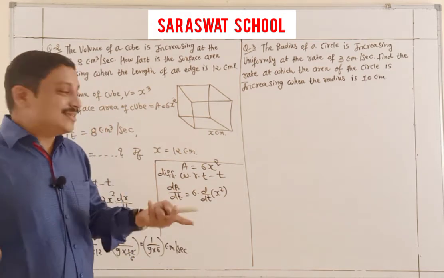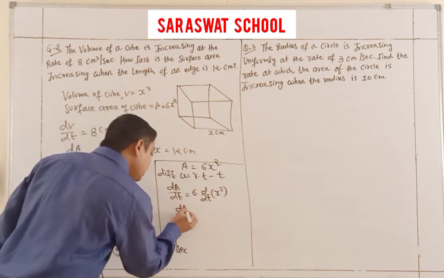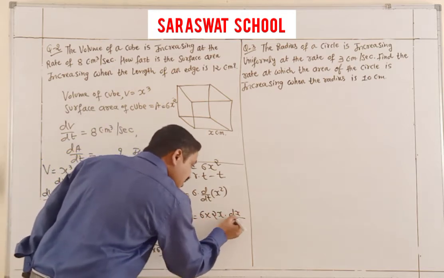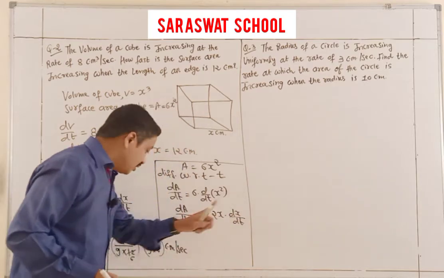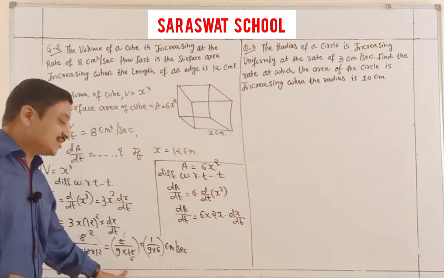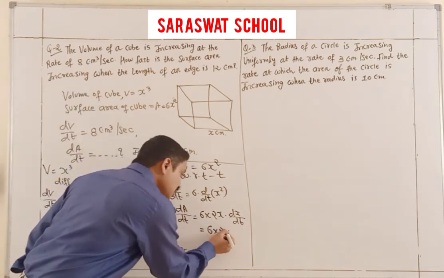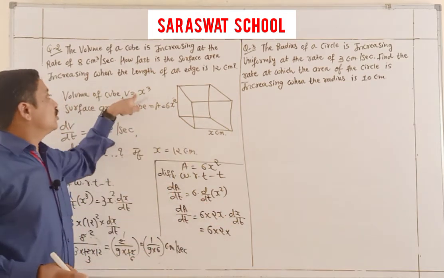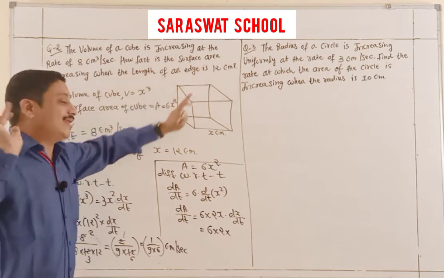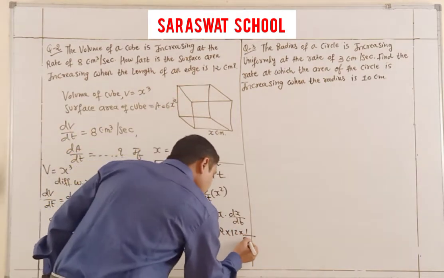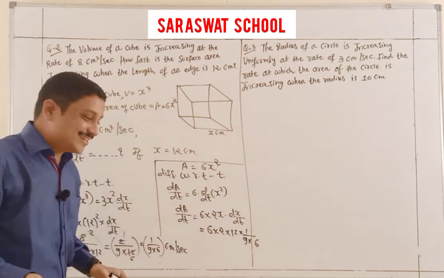It is dA by dt equals 6 into 2x dx by dt. Now this dx by dt we already found, 1 by 54. Apply that: 6 into 2, and x is the original given edge, 12. So here 12, and it is 1 by 9 into 6. Finished. 6 is gone.